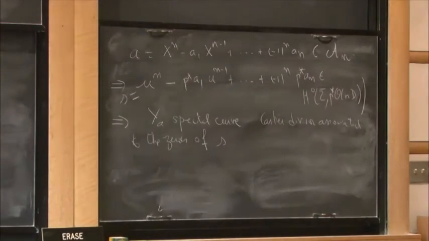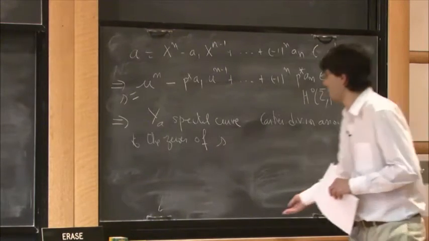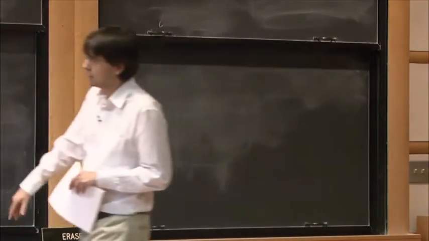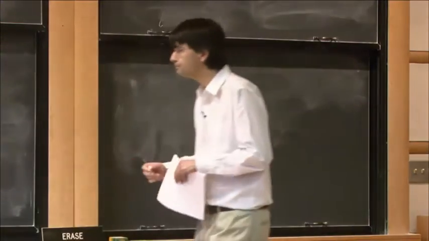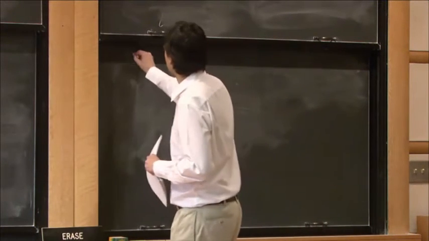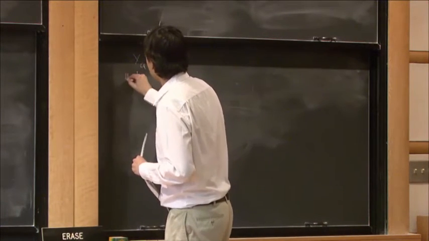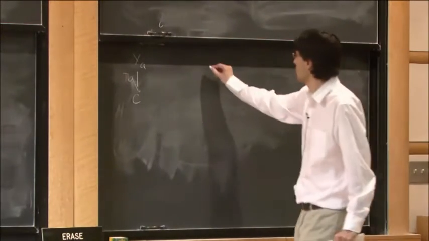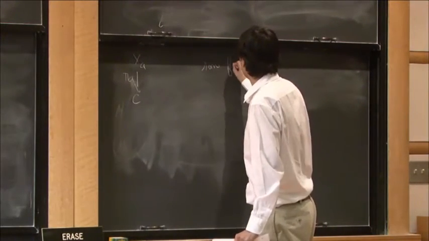So in this way, we get a curve on the whole space sigma. It comes with a projection on C. So, some facts about these spectral curves.